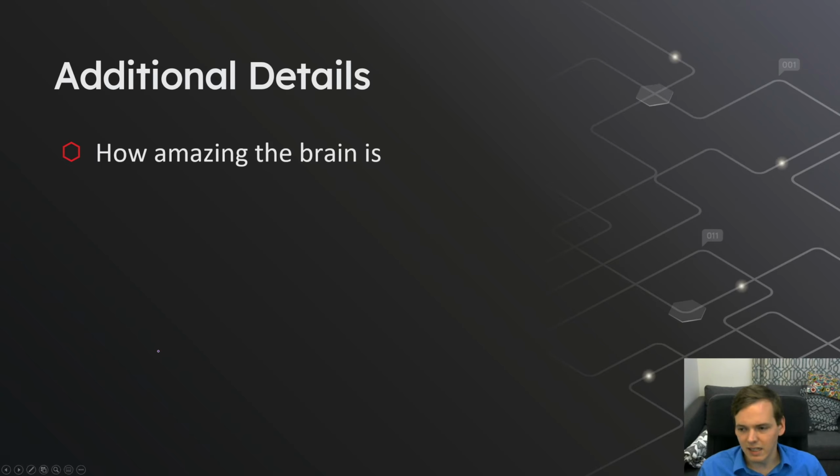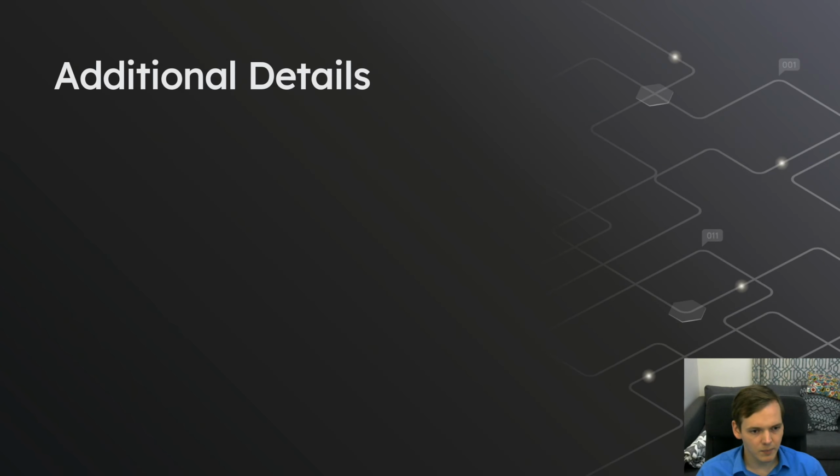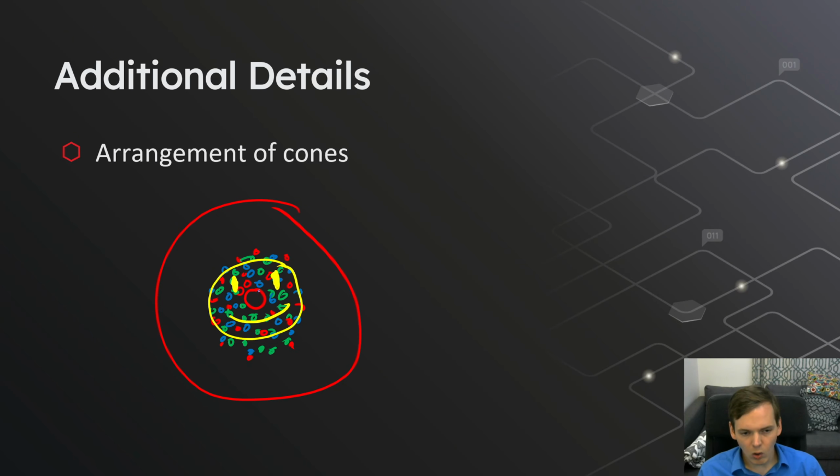Okay, lastly, how amazing the brain is at interpreting data. We talked about one, it can make up colors that don't exist for what's happening when the red and the blue cones activate. But also if we go back, there's this hole in the middle here.